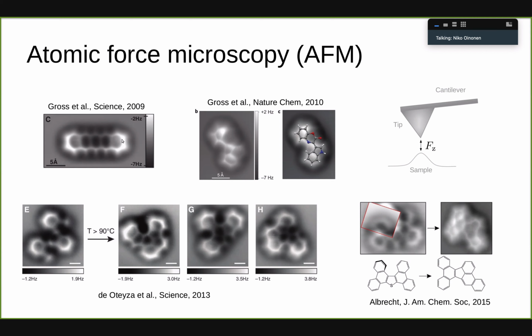So this is just a single molecule sitting on a surface. And there's a lot of other great stuff, like imaging organic or biological molecules, and characterizing reaction processes on surfaces, and some really exciting stuff can be done with AFM.